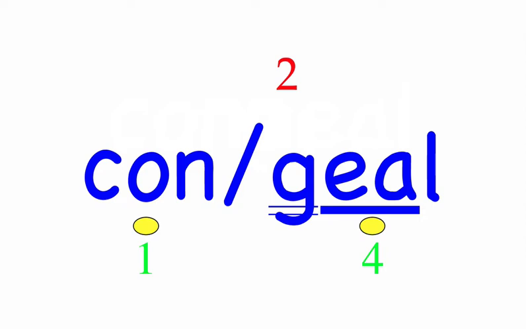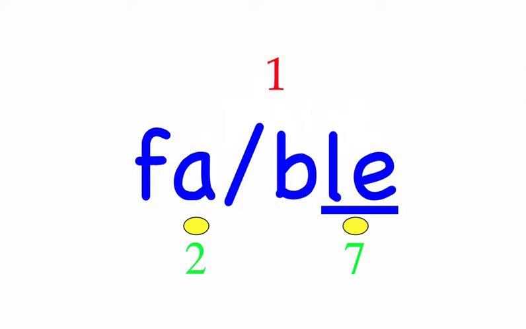Fable. The story is a fable about young people learning the truth about what happened. Fable. Fe, 2 sounds: f, a. Bull, 2 sounds: b, ul. Fable. Mark the word.